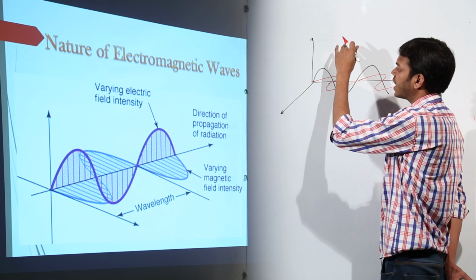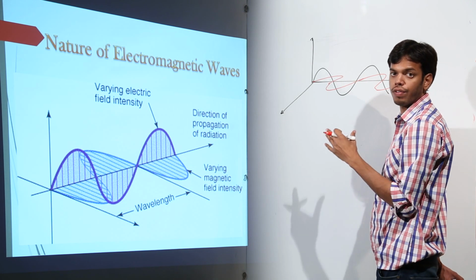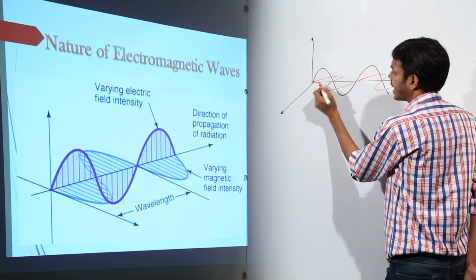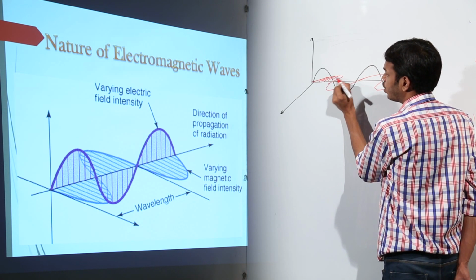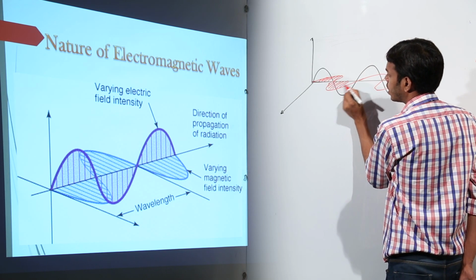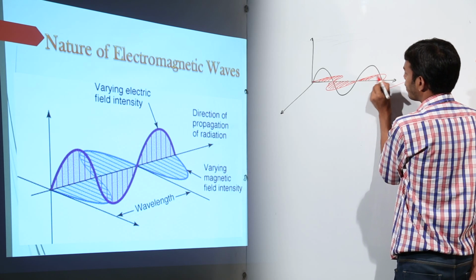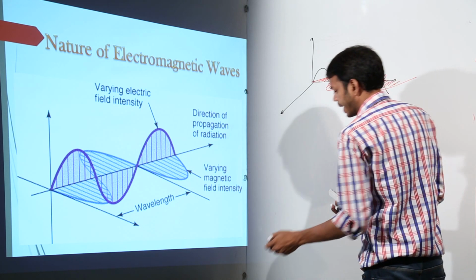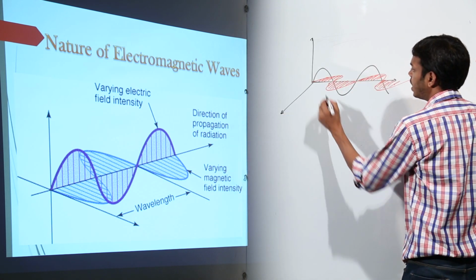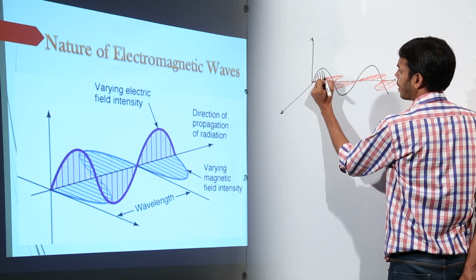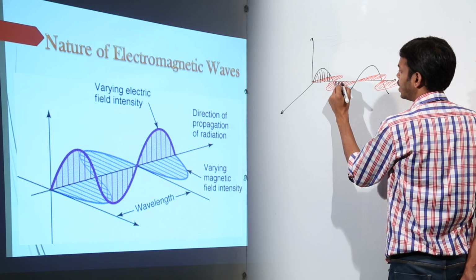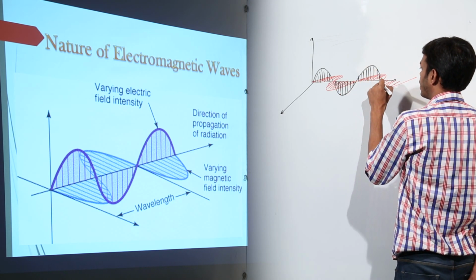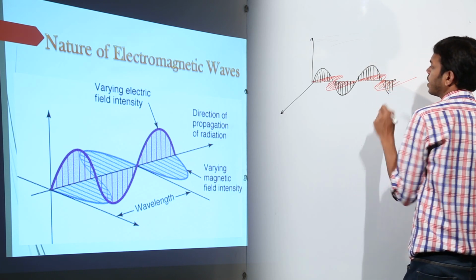Right now I have taken the XY axis for the propagation of the electric wave, then the YZ axis for the propagation of the magnetic wave. So this is how you would represent these waves in your notebooks: electromagnetic waves are transverse in nature, where both electric and magnetic fields are perpendicular to each other. This is a simple diagram to represent that, right?